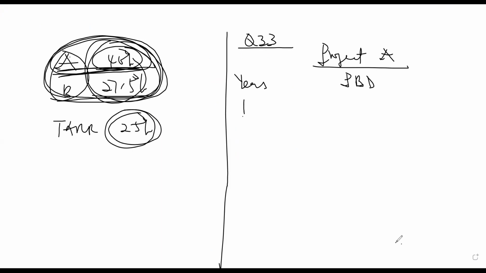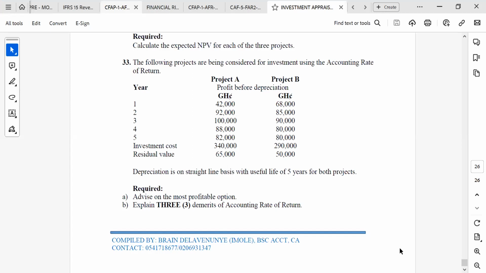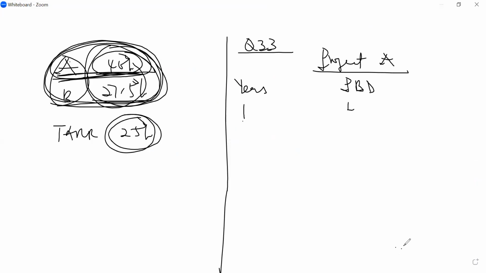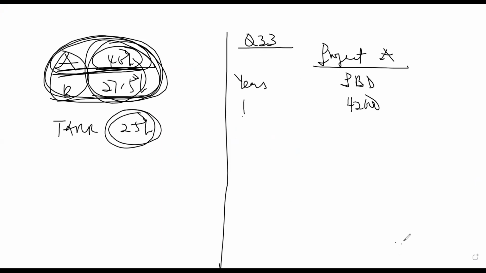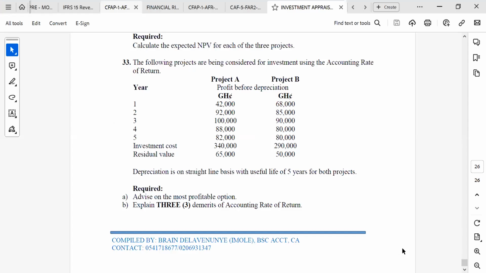Okay. So let's look at year 1. What is the profit before depreciation for project A? That is 42,000. Year 2 is 92,000, isn't it? Year 3 is 100,000.